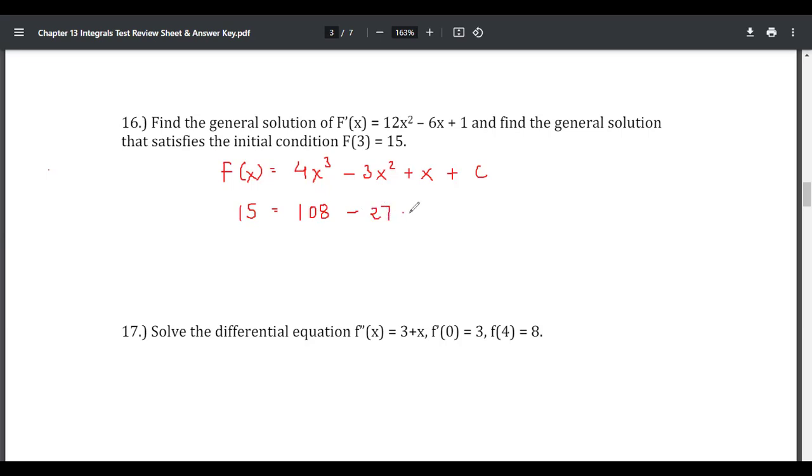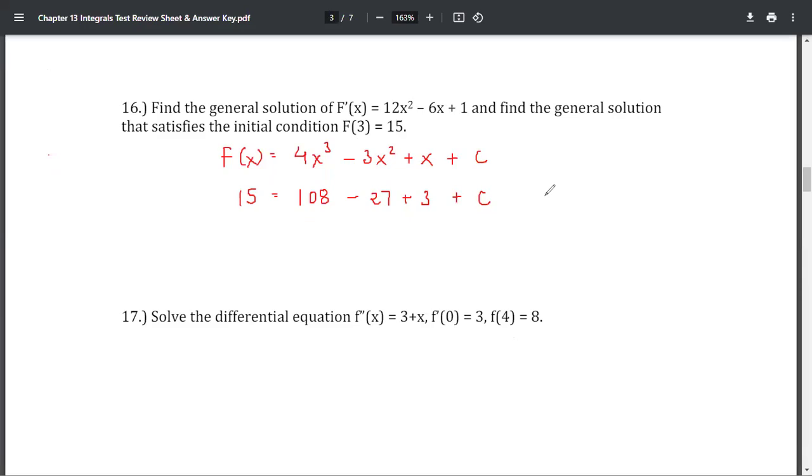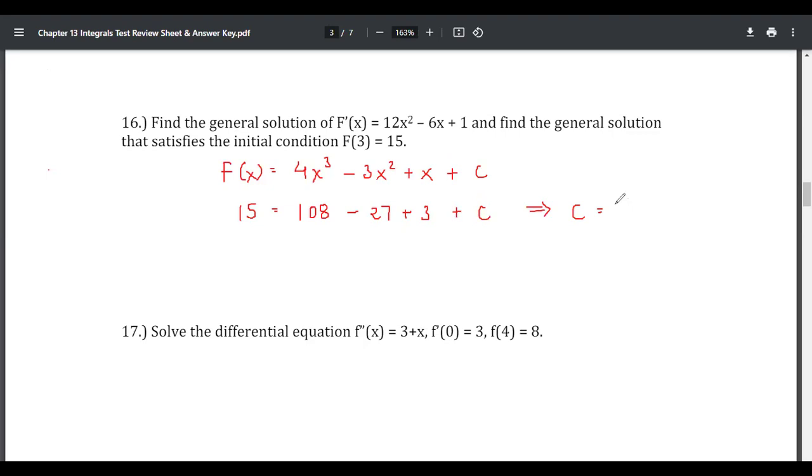Let me use my calculator. 3 times 3 times 3 times 4. 9 times 3 equals 27. Then you subtract, 108 minus 27, and you get 81. 81 plus c, and then you subtract that from the 15.